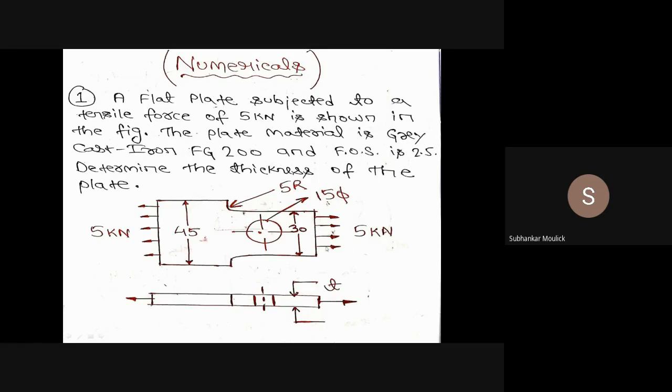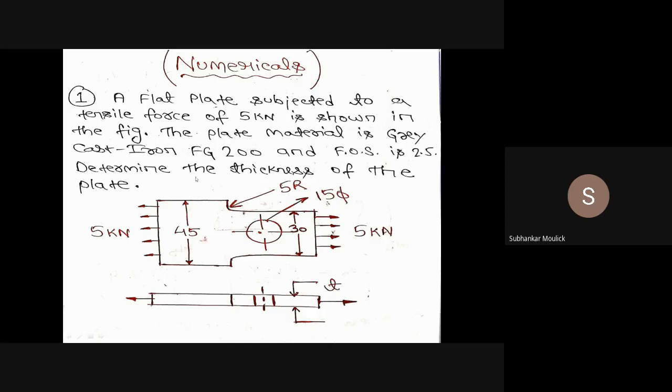As a result, what will happen? The member will fail in tension. That means tensile stress will be generated in this entire member. The thickness of the plate is t.